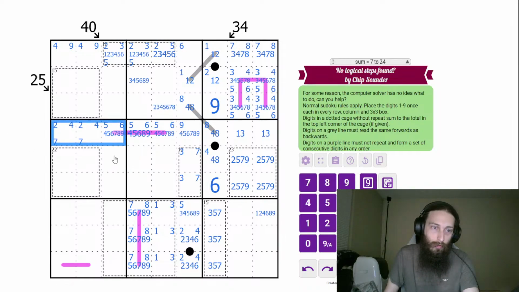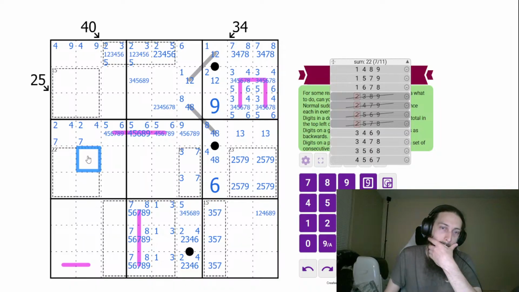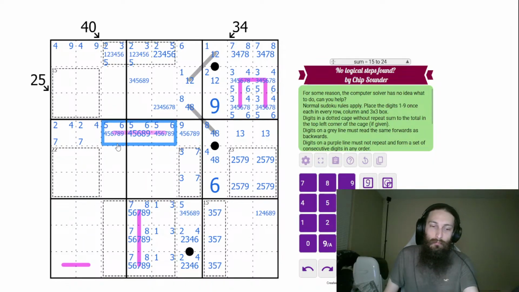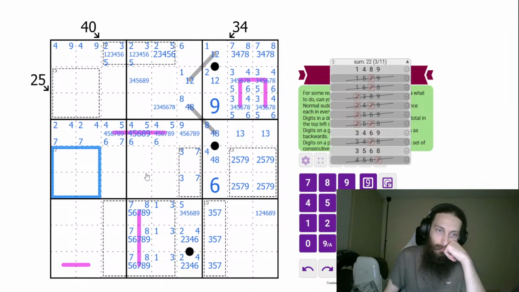Where the 7 has to be in the top row here. If we removed 7, yeah, it's not.